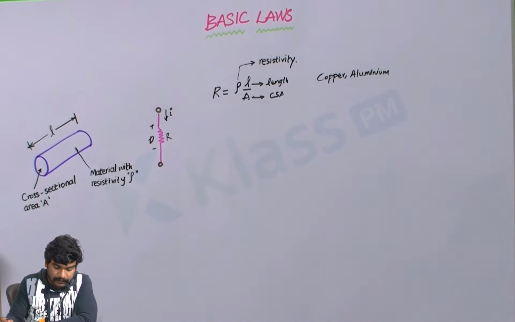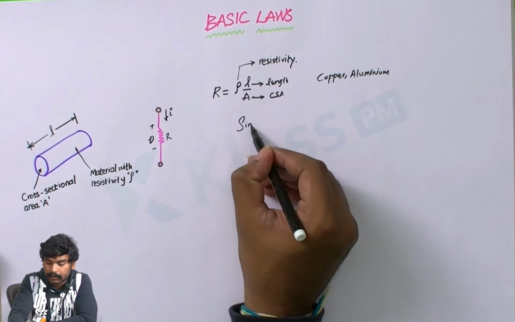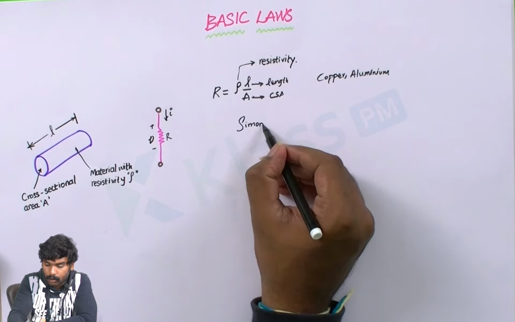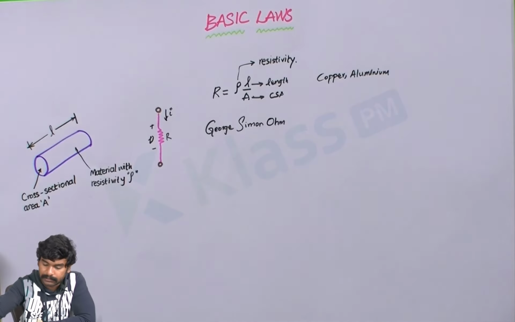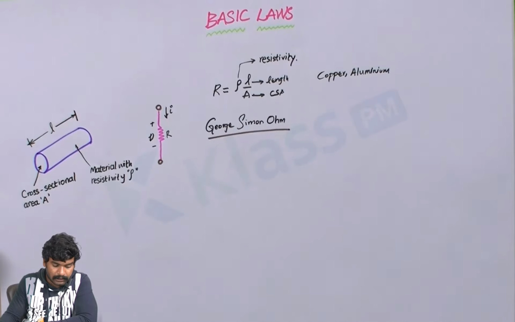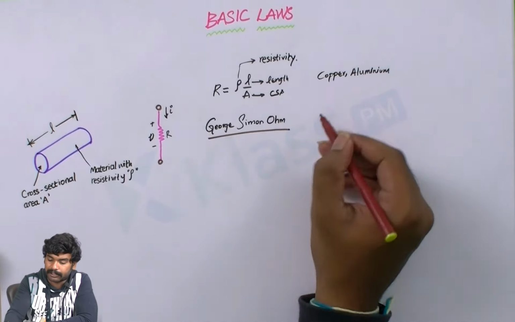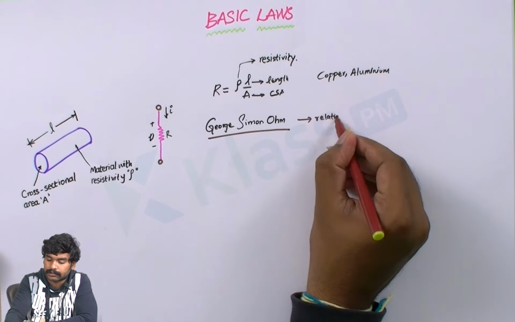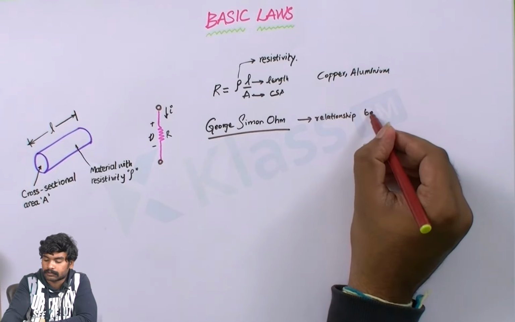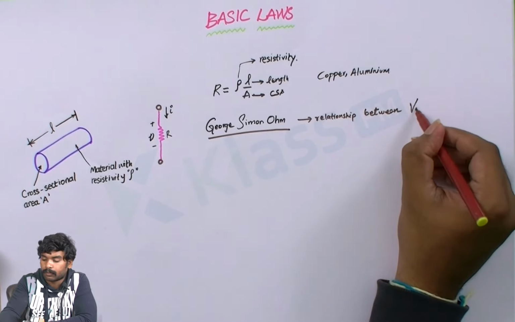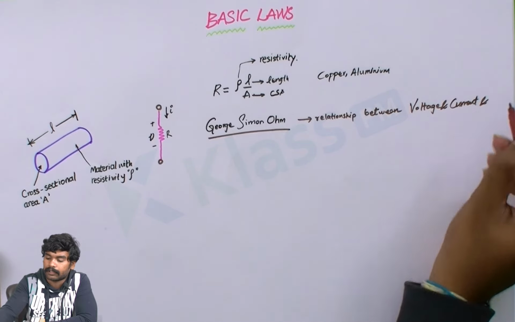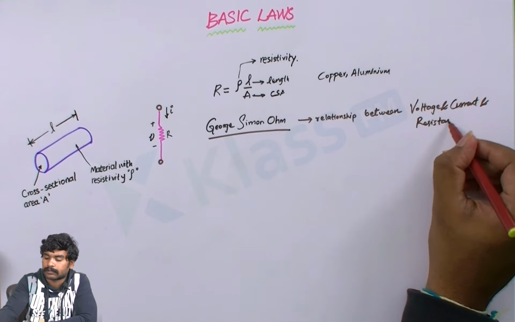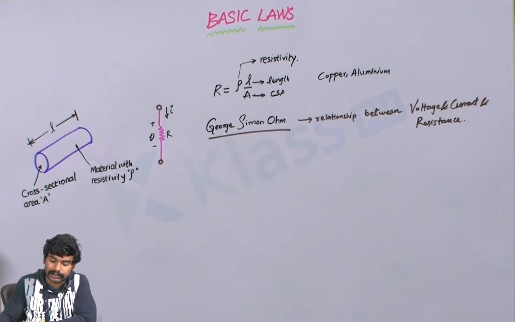And there is a German physicist, George Simon Ohm, who gave a relationship between voltage, current and resistance in a circuit.